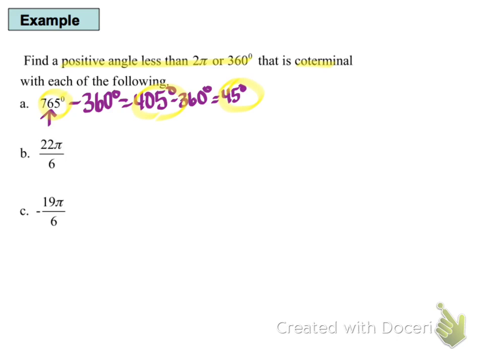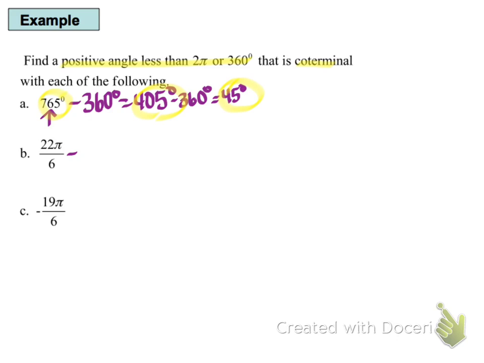Now 22 pi over 6. So now we're dealing in radians. It's a little bit harder in radians. Remember, again, we're going to subtract because we want to be positive, and right now we're still positive, so we want to get smaller. Now, 22 sixths, if you take 22 divided by 6, you get 3.6.